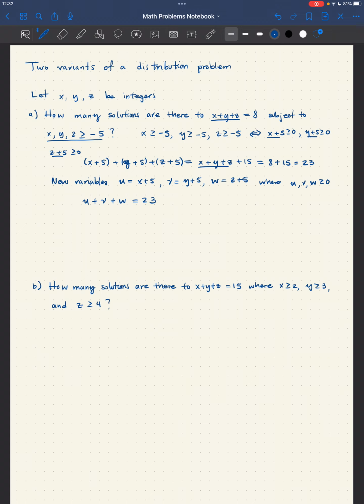We have 23 stars and we have 3 individuals, so we need 3 minus 1 bars to distinguish them. So we construct a binary sequence of stars and bars of length 23 plus 3 minus 1.